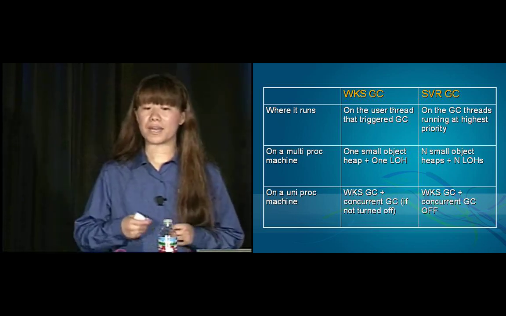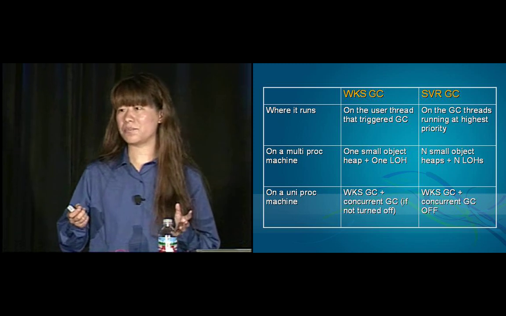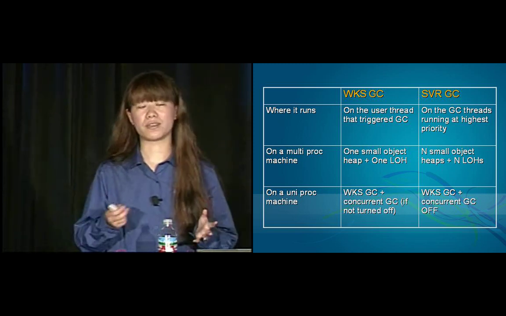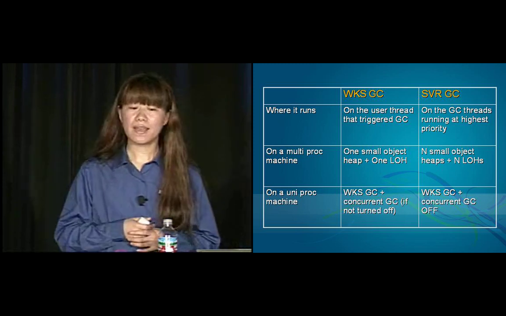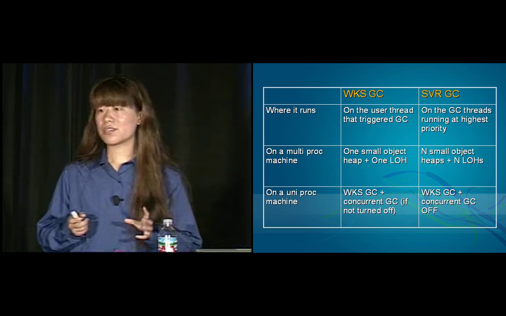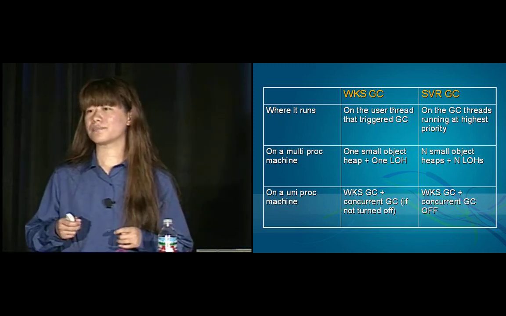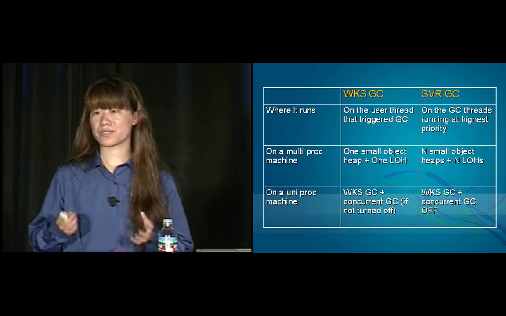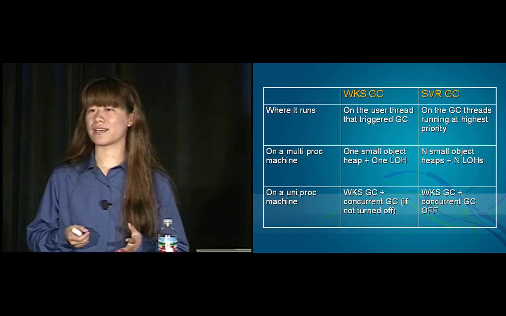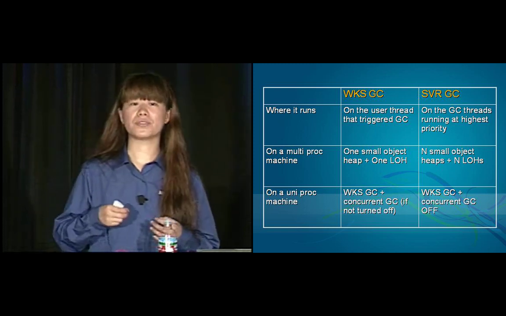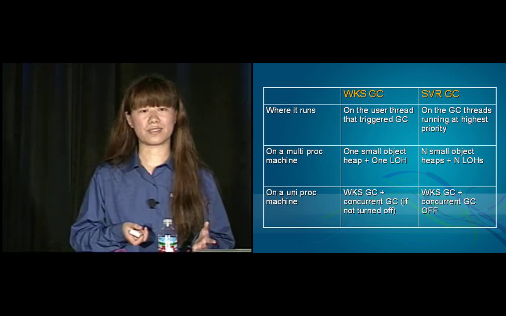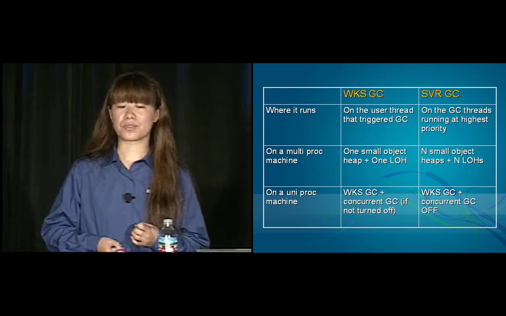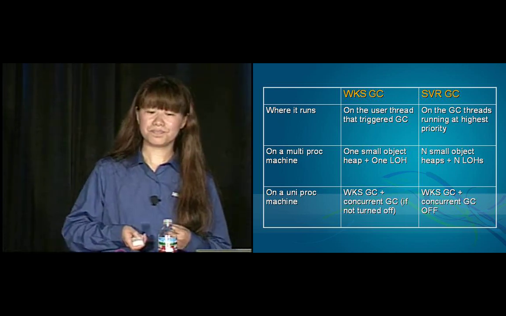Workstation GC only has one heap, and server GC has n heaps, n being the number of CPUs on your machine. And one thing to notice is that if you're running on a machine with just one proc, we actually always use workstation GC. The only difference is that if you have server GC turned on, we use workstation with concurrent GC off. As I said, that's the recommendation when you are worried about threads.